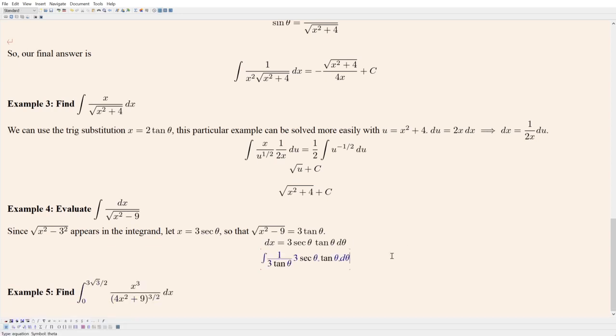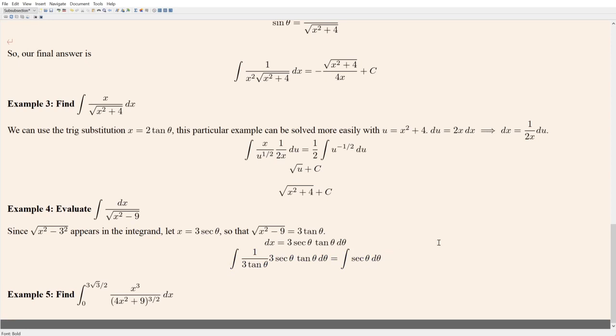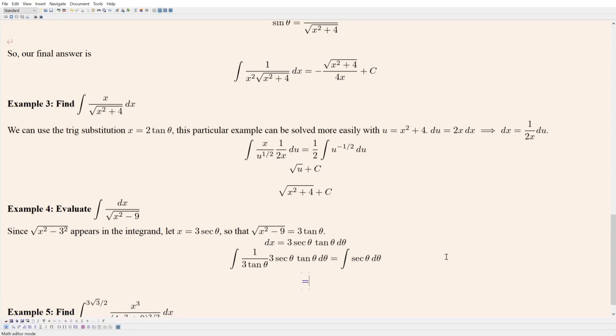So this just becomes the integral of secant. Well, that couldn't have worked out better. Now, what is the antiderivative of secant? This is going to be one which I don't blame you at all if you forget. So just look it up. I think I had this one in my notes for the previous section. It is natural log of secant plus tangent.